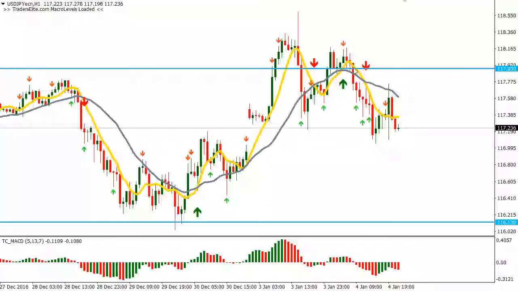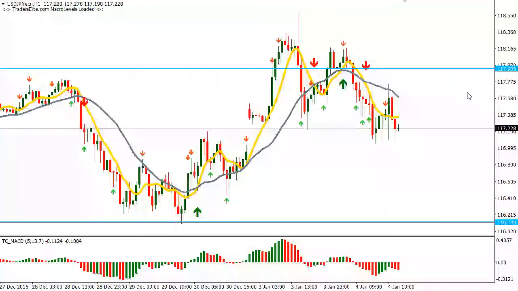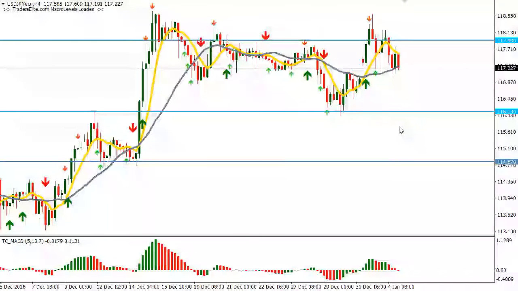So yes, you could, but I personally prefer to trade in line with the overall trends. So again, 116.13 is what we're looking at, and possibly a price flip like it occurred here on either the 4 hour or the 1 hour, or a new trend trade.